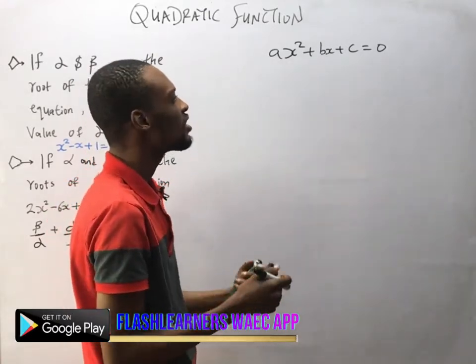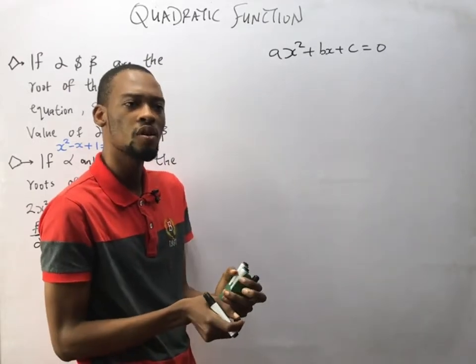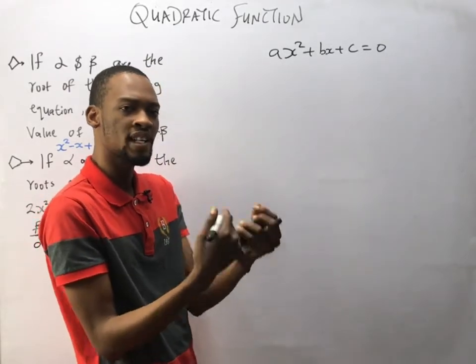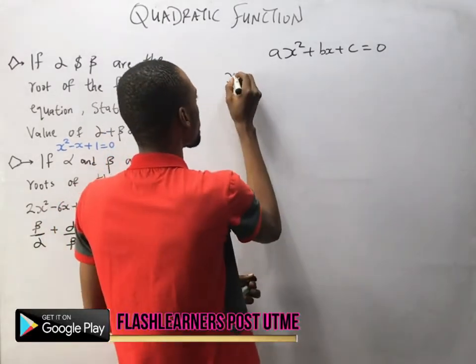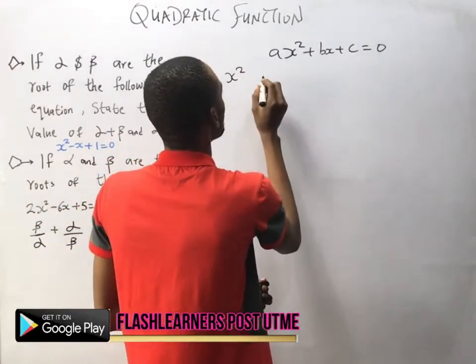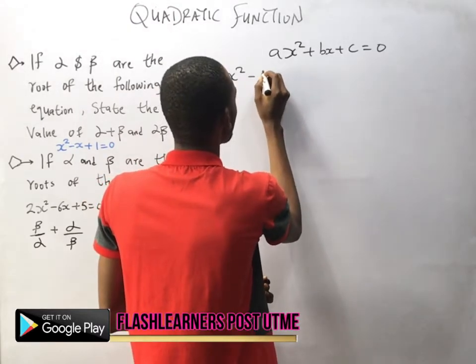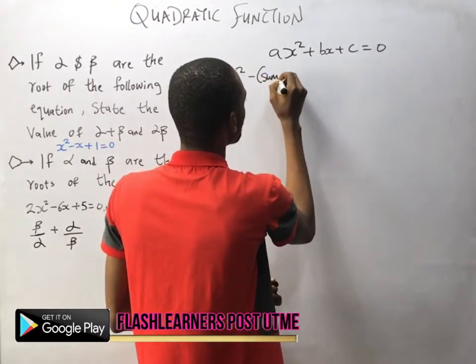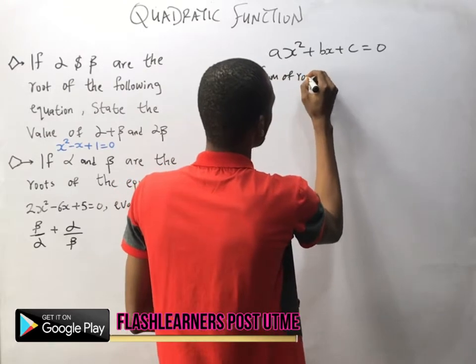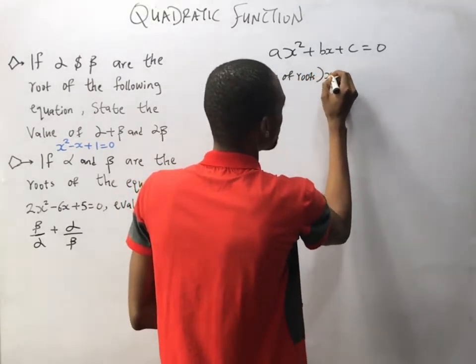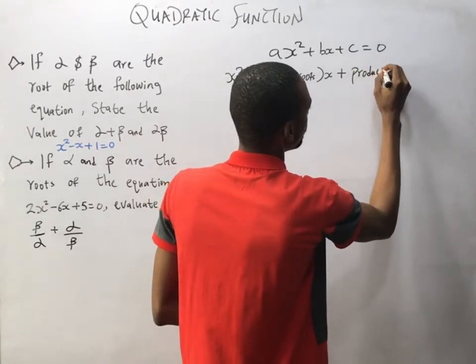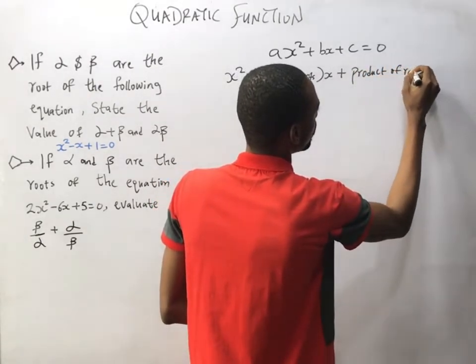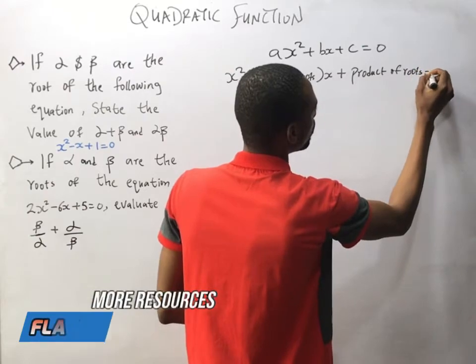And I explained that sometimes you'll be given the roots of a quadratic equation and asked to find the quadratic equation. In that case, the quadratic equation is simply x squared minus sum of roots times x plus product of roots equals 0.